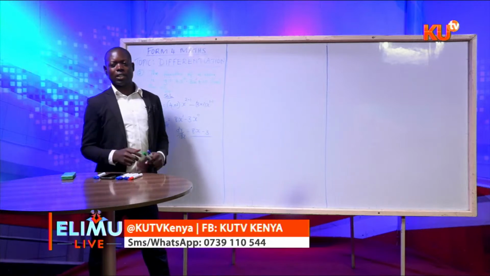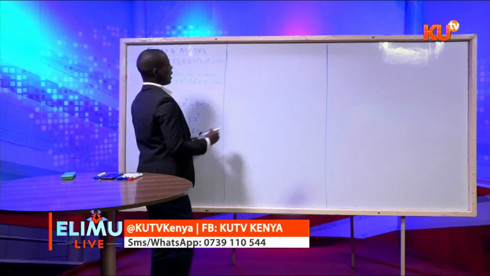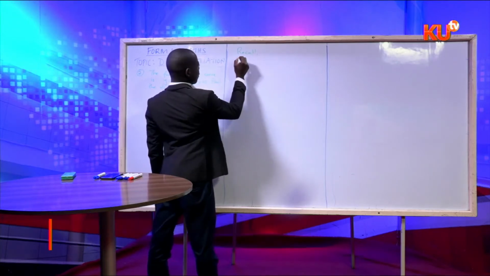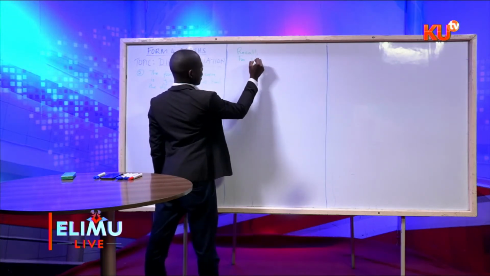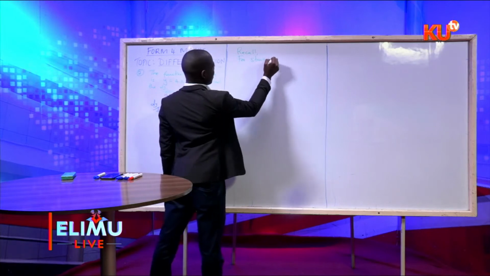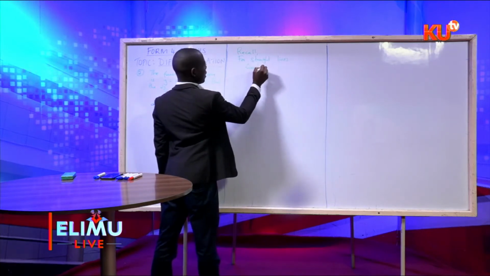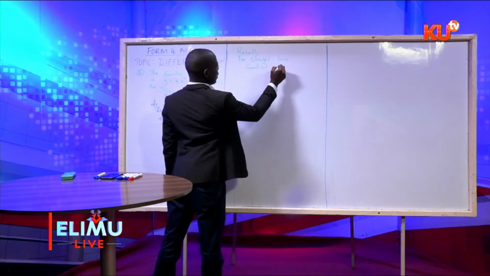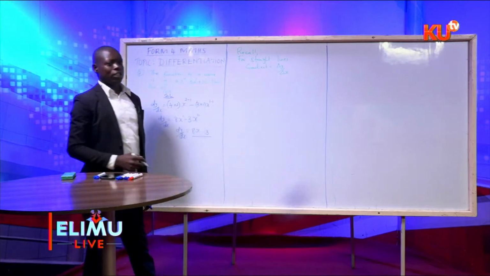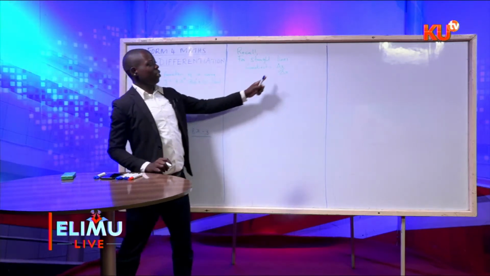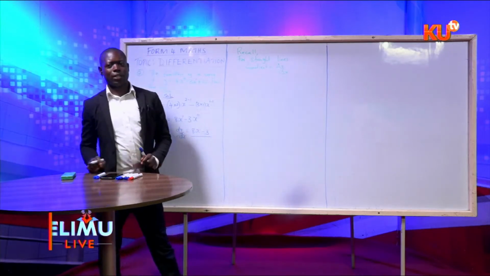In that case, you are taught that for straight lines, the gradient is equal to the change in y over the change in x.